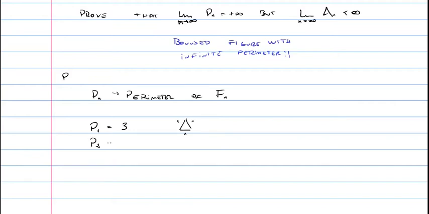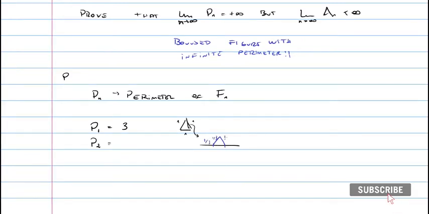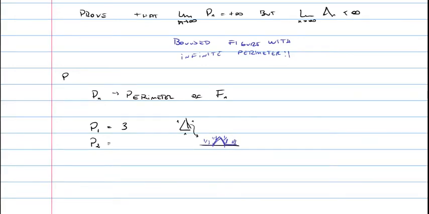Then P sub 2 is going to be, and let's think of this for a moment, on each side we divided it by 3 and created this. So we have 1/3 each side, and we have 1, 2, 3, and 4. So it's 4 times 1/3 on each of the sides of the triangle. And we have 3 sides, so times 3. And this is equal to 4.